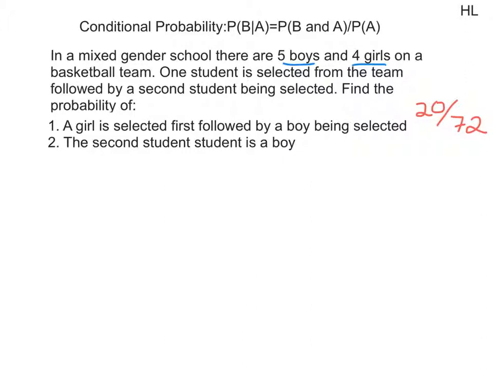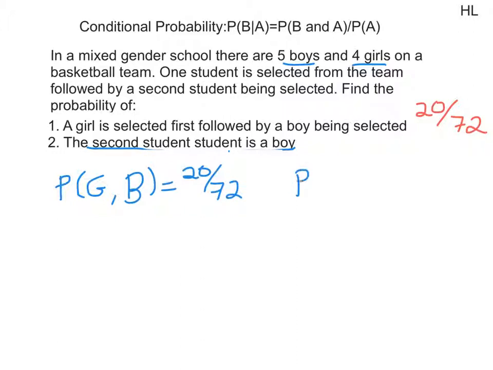The next question asks us, what is the probability the second student is a boy? So we could have that the first student is a girl and the second student is a boy, which we already know to be 20 over 72. Or we could have that the first student is a boy and the second student is a boy. So we need to find out the probability of a boy, then a boy.